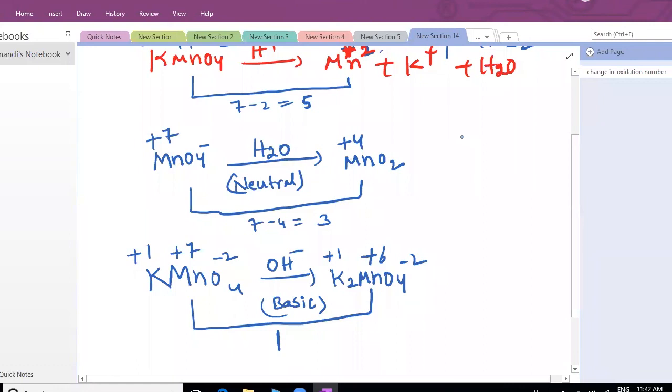MnO4 minus: Mn is x plus oxygen, 4 into -2, equal to -1. Whatever charge is there, we need to equate. Then x - 8 equals -1. Then x equals +7. So I got +7 here. Then here +4, each oxygen -2 into 2 is -4, so total +4. Difference how much?